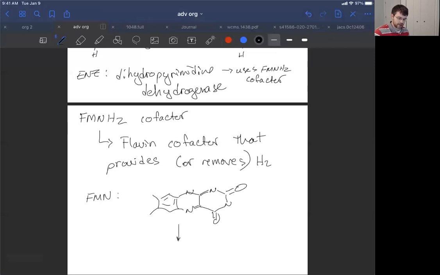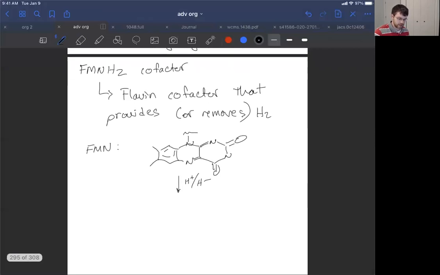Now, if we add H plus and H minus to this, we get the same six-membered ring system attached to a six-membered ring system. Now I'm not going to add as many double bonds to the right two rings yet. This should be an H, by the way.